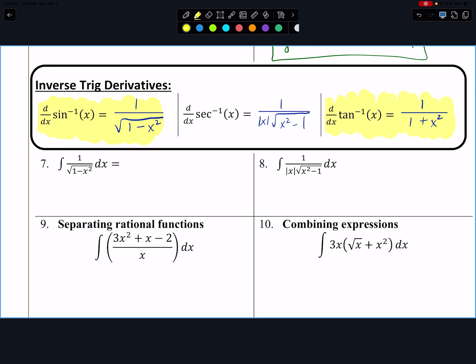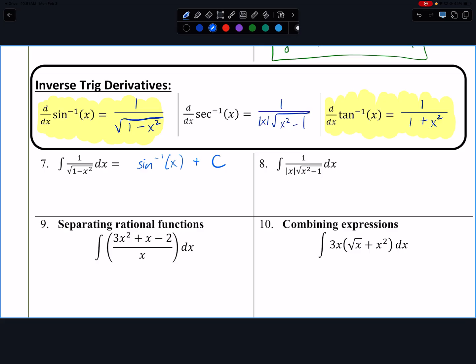Okay, so that being said, 7's really easy. Which one of those is number 7? Sine inverse. So this one's just sine inverse of x plus c.